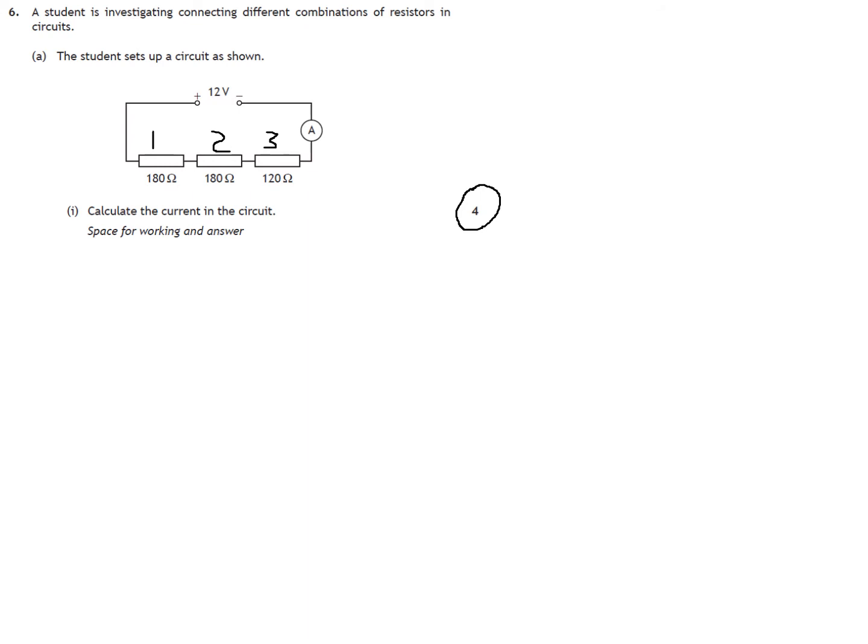It's a series circuit, so we want to make it into the simplest circuit possible, which is this one here. Okay, so there it's 180 plus 180 plus 120, which is, off the top of my head, I think is 180 plus 180, let's do it in the calculator, 480 ohms.